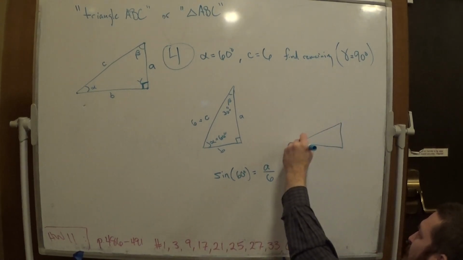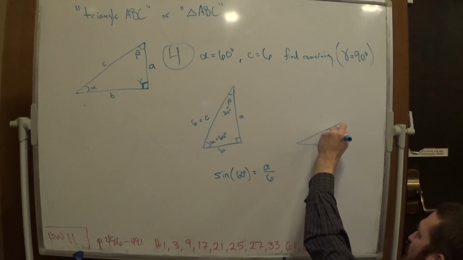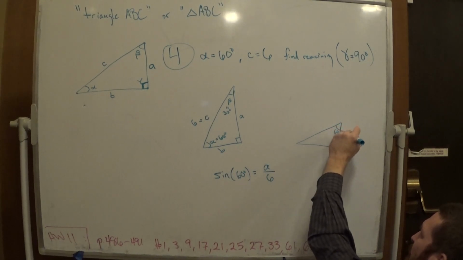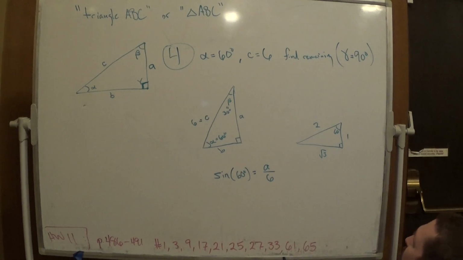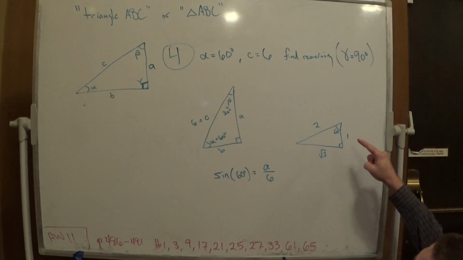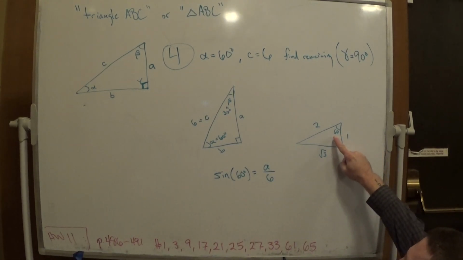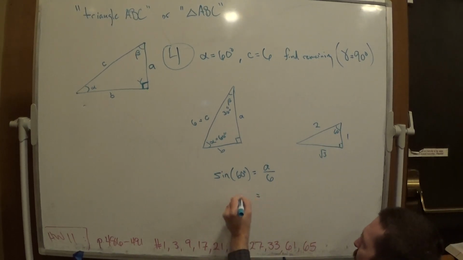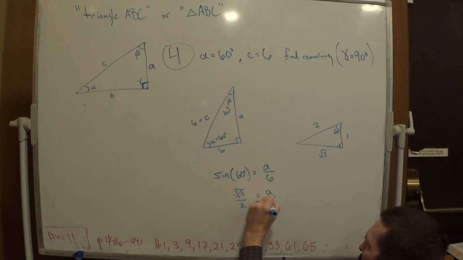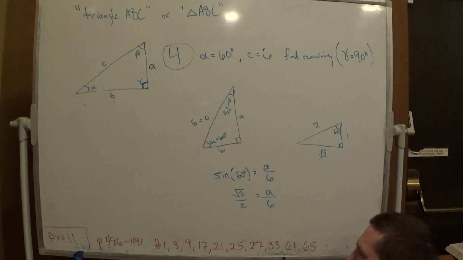Root 3 over 2. Sine of 60, opposite over hypotenuse: root 3 over 2. So sine of 60 is root 3 over 2, and that equals A over 6. I only have one unknown left. So I bring it back up here: root 3 over 2 is A over 6.